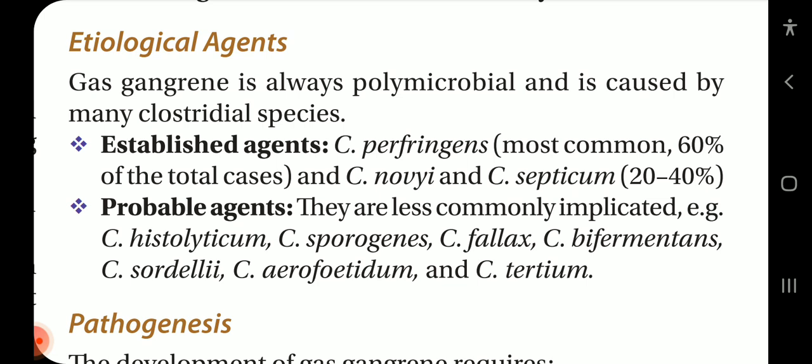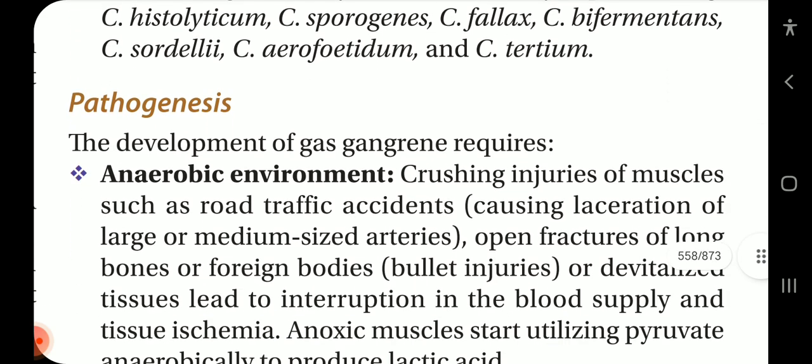Established agents: Clostridium perfringens, most common, 60% of the total cases, and Clostridium novyi and Clostridium septicum, 20 to 40%. Probable agents are less commonly implicated, for example Clostridium histolyticum, Clostridium sporogenes, Clostridium fallax, Clostridium bifermentans, Clostridium sordellii, Clostridium aerofoetidum, and Clostridium tertium.